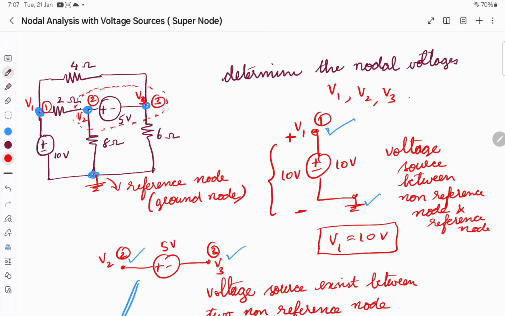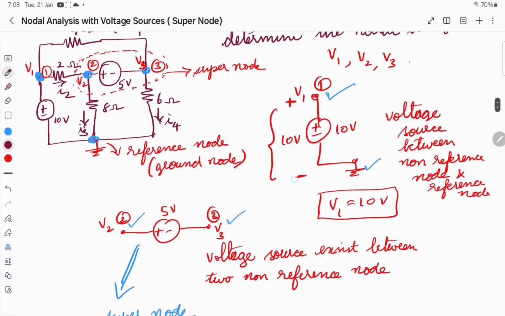This entire thing is your super node. We can apply Kirchhoff's current law for the super node as we apply to a simple node. Now let us assume the current directions: this current I1, this current I2, this current I3, and this I4.